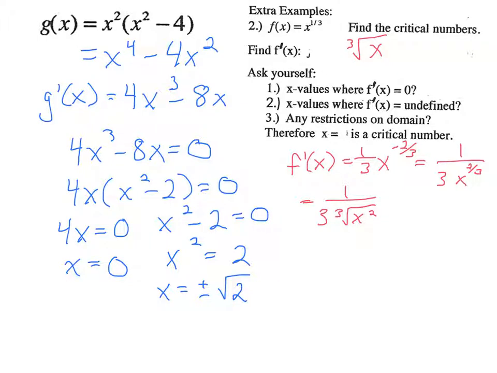So if I think about this derivative, this is actually not going to equal 0 anywhere. We know this because if I tried to set this equal to 0 and multiplied by 3 times the cube root of x squared to the other side, I would get 1 equals 0, which does not work.